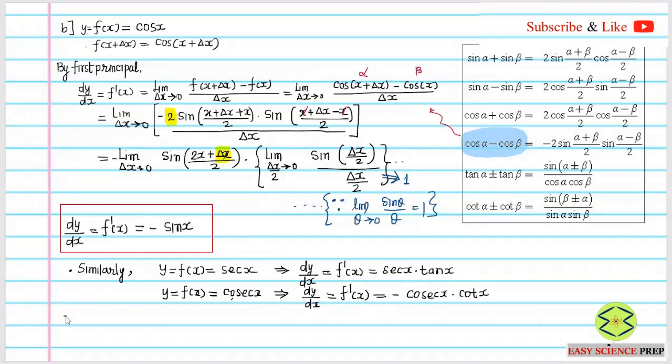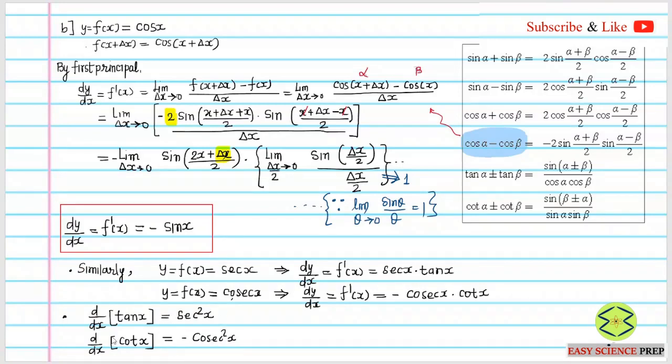We can also take similarly the derivative of tan of x. If you do, you will end up getting sec square of x, and if you do the derivative of cot of x, you will be getting minus cosec square of x.